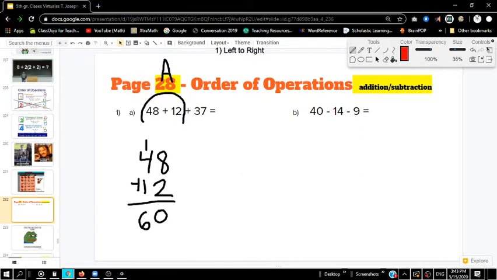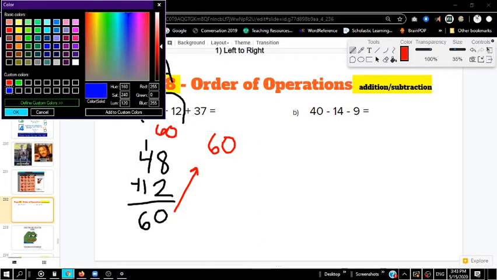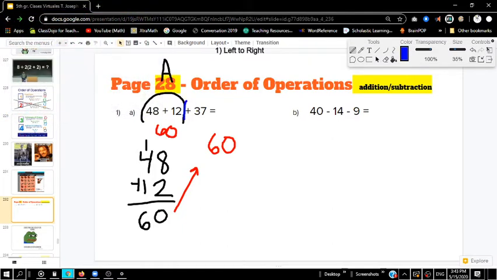I'm going to change the color just so you see that. This part is 60. Now what I'm going to do is I'm going to add 60 to 37. So we have 60, which is the answer to our first problem. And now we're going to add the second part of the problem, okay, which is the 37. So let's add 60 plus 37.